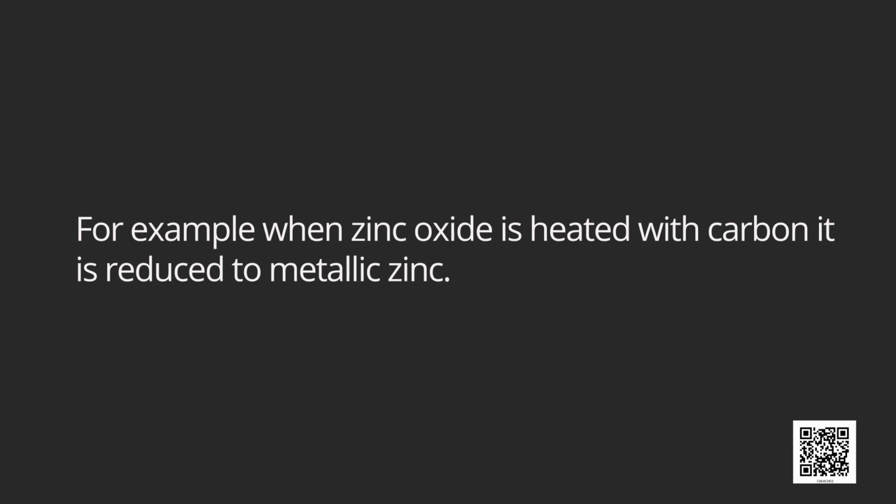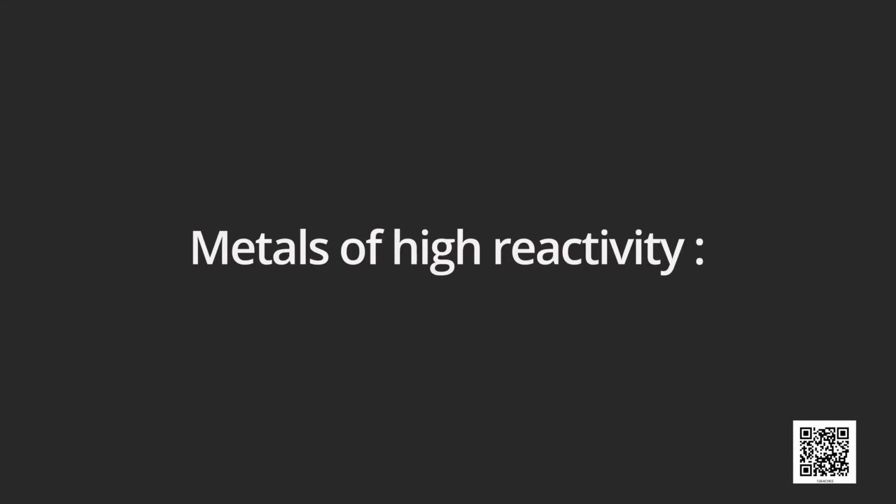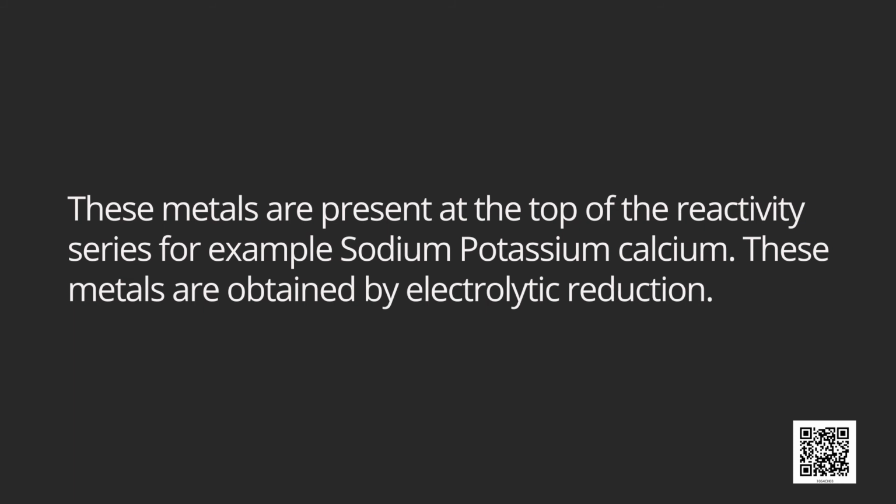For example, cinnabar is an ore of mercury. Its formula is HgS. When it is heated in air, it is first converted into mercuric oxide, that is HgO, and on further heating, it is then reduced to mercury.